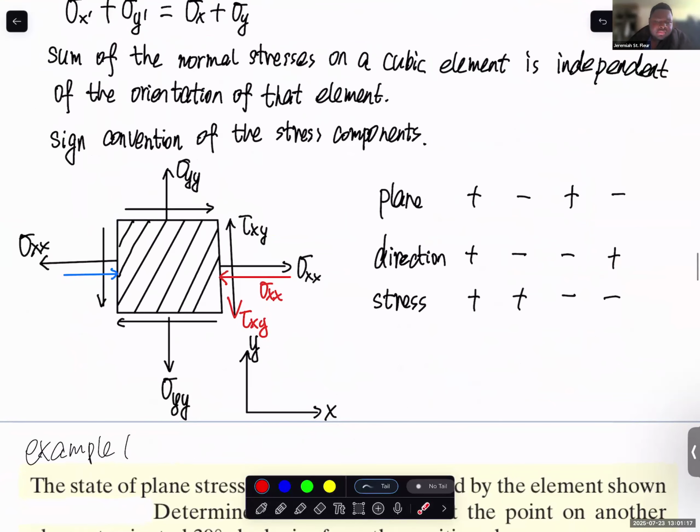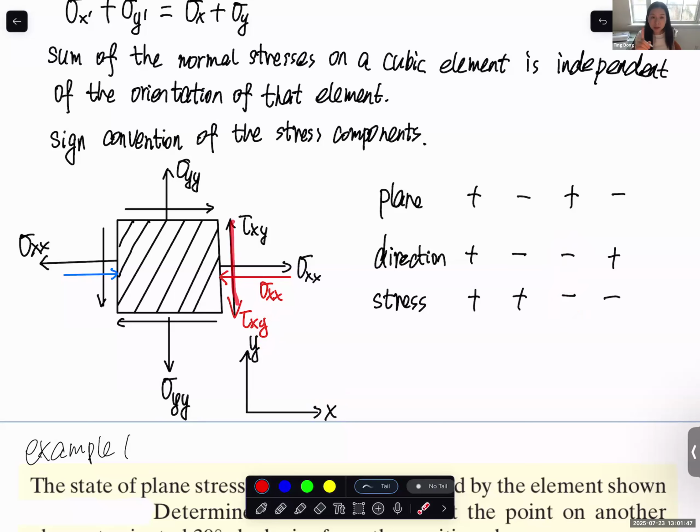If it's on the positive x plane, in the negative y direction, and it has a negative component, is the sign convention positive or negative? Because I thought you said it was positive, or maybe I misheard you. No, I said it's negative. I was questioning how is it negative?